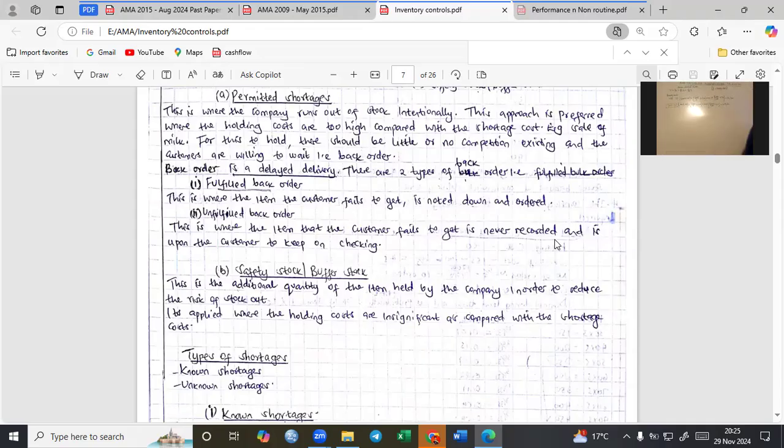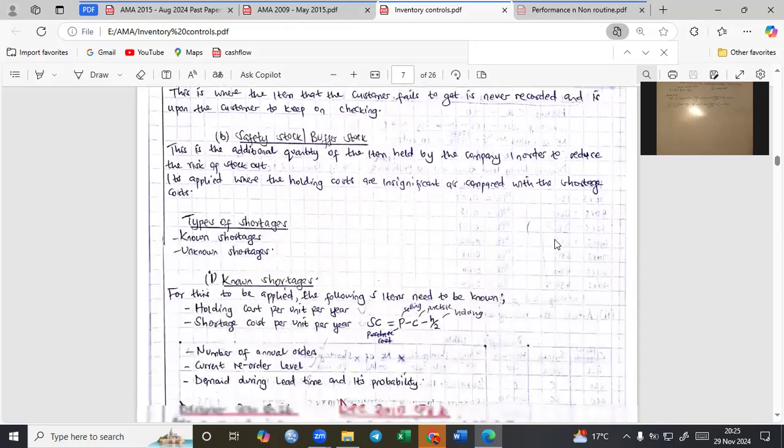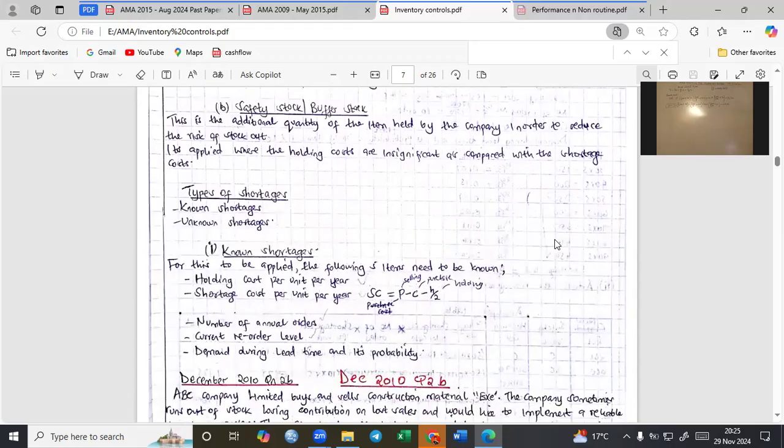That is unfulfilled. Number two, after permitted shortages, we go to safety stock or the buffer stock. Now, what is safety stock or the buffer stock? This is the additional quantity of item held by the company, and here you add.